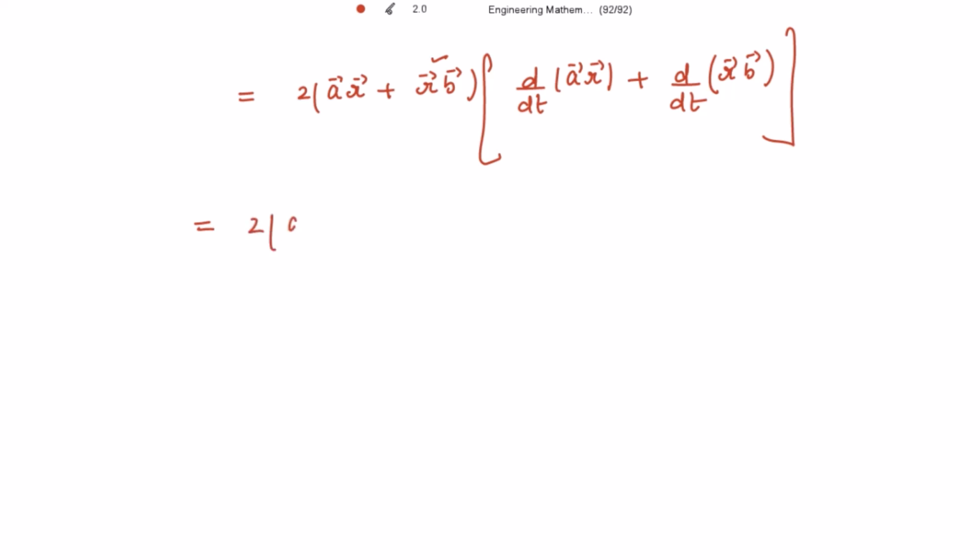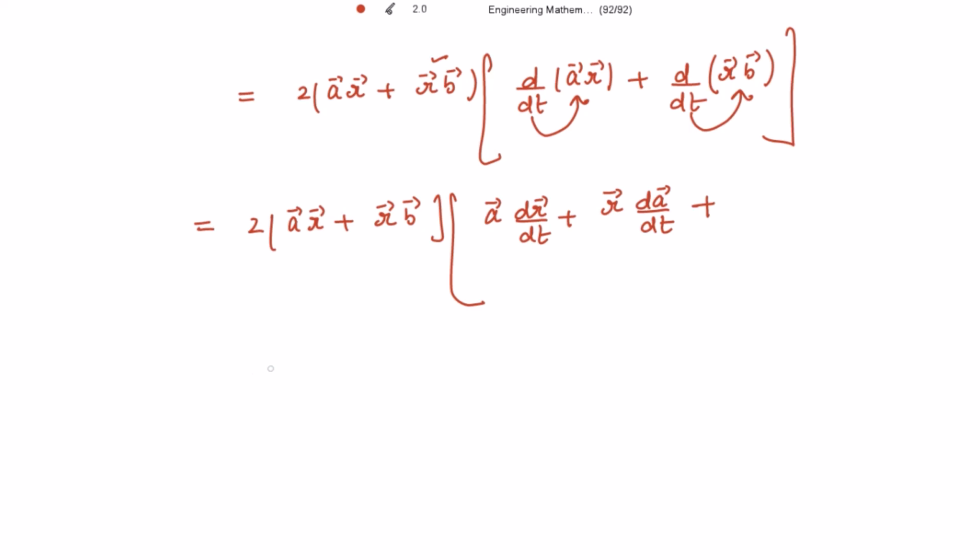So writing twice of a vector r vector plus r vector b vector as it is, and now we are taking the derivative of this first term. So it is first function derivative of second function plus second function derivative of the first one, plus differentiating this, first function derivative of the second one plus second function derivative of the first one.